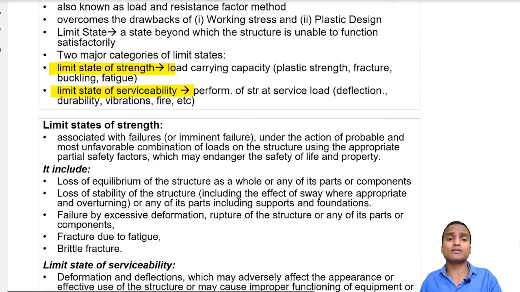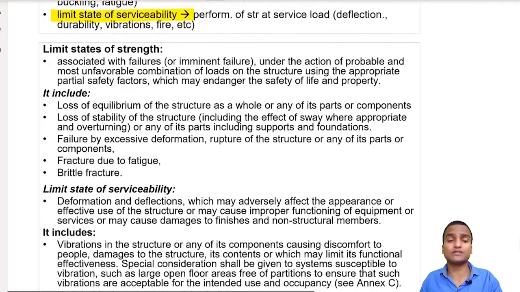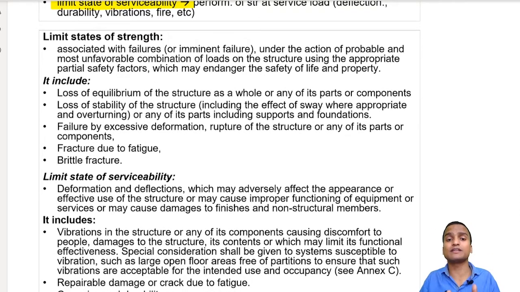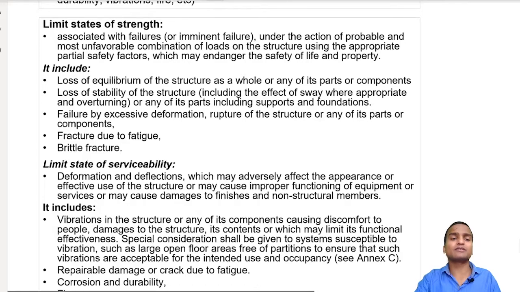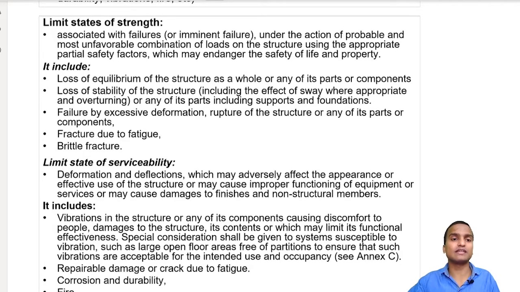So this you must have understood in RCC1 and RCC2, where we mostly explain this method very explicitly and very clearly. You can read from the literature also. And limit state of strength deals basically with the different types of loadings and the failures associated with those loadings.